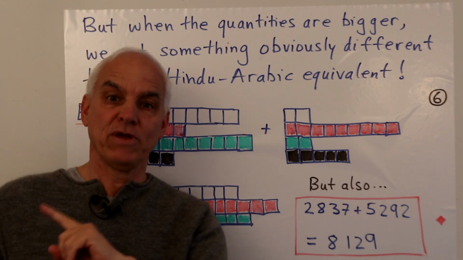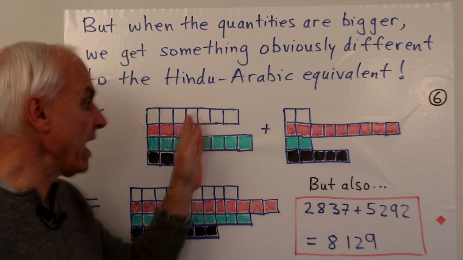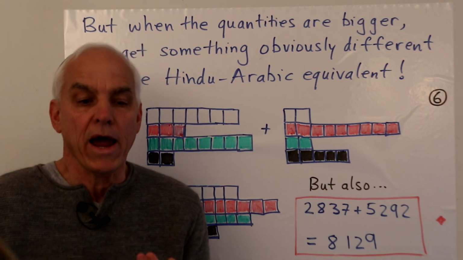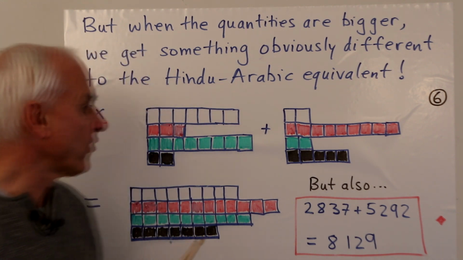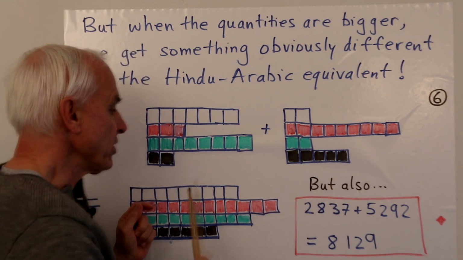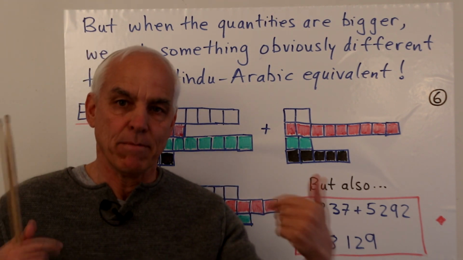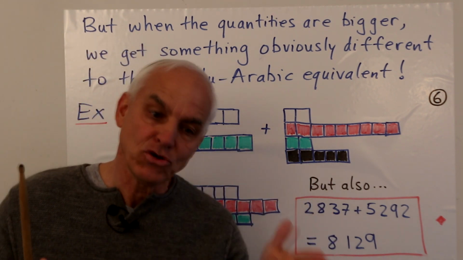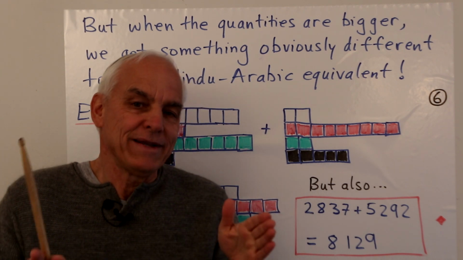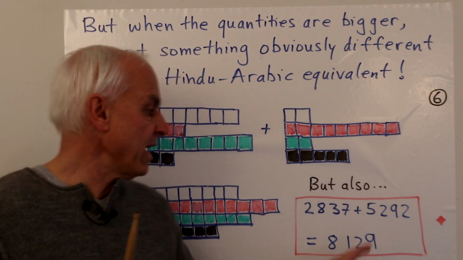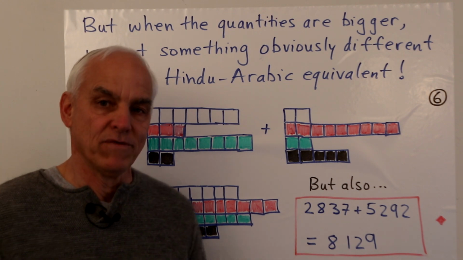It's different from the previous example. In the previous example, we had exact correspondence. And why? Well, you know why. Because the numbers that we're getting here, these row rectangles, are bigger than 9 in some cases. And in the Hindu-Arabic system, we're limited to having at most 9 in any one of these digits.